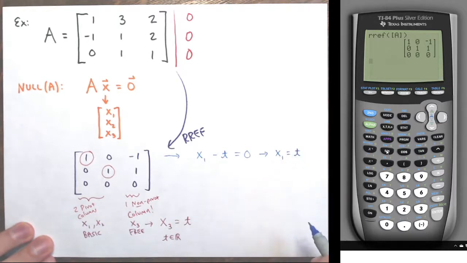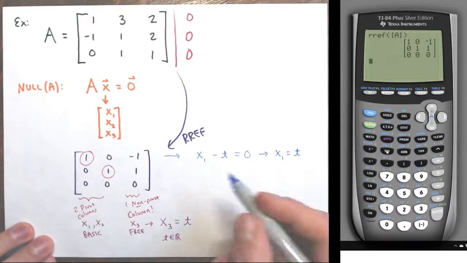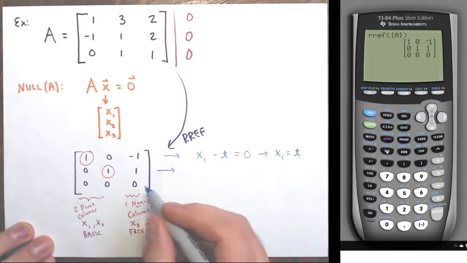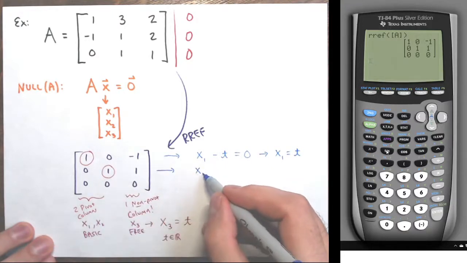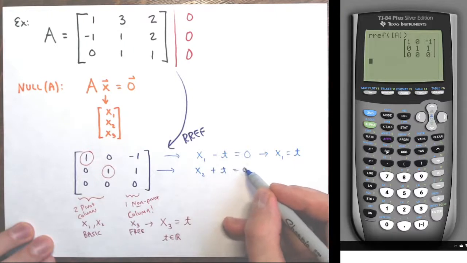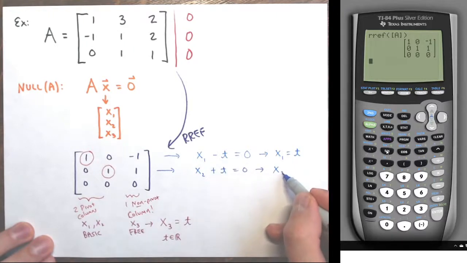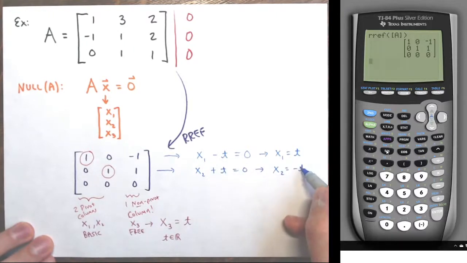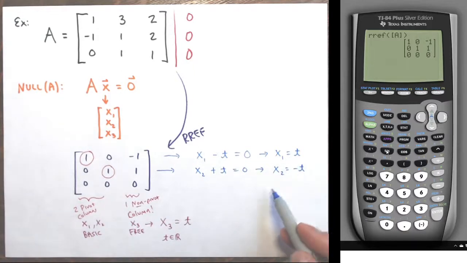Whatever I choose to be the value of t, you'll see that the value of x3 and x1 are going to be the same number. Second row, I have x2 plus x3, so plus t equals 0. So x2's value will be the opposite of what I choose for t. And now I have every variable, all three of them, in terms of this free variable t.